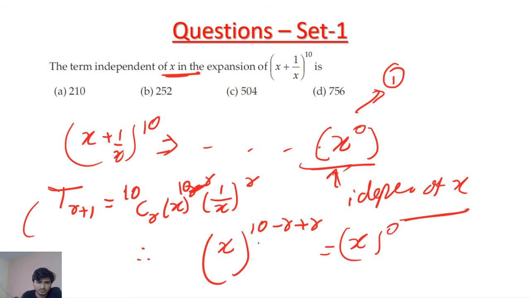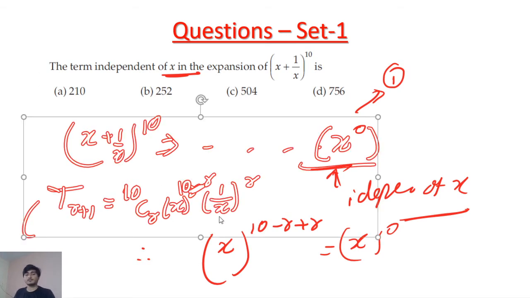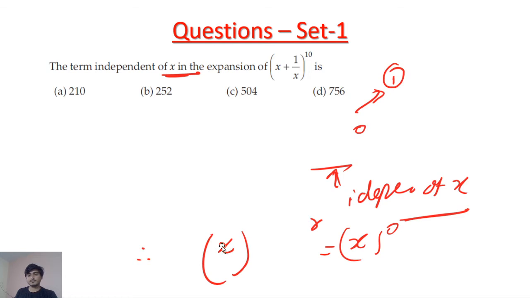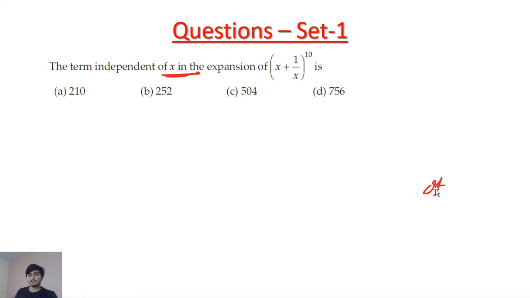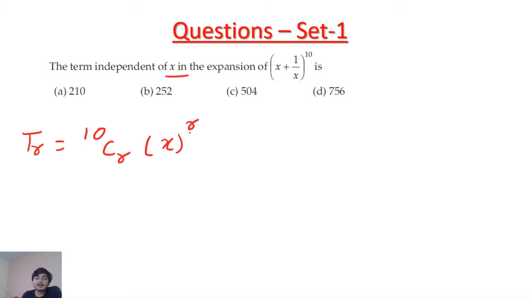Wait, something we did wrong. Okay, so if I take Tr, then this will become 10Cr into x to power 10 minus r into 1 by x to power r, right?